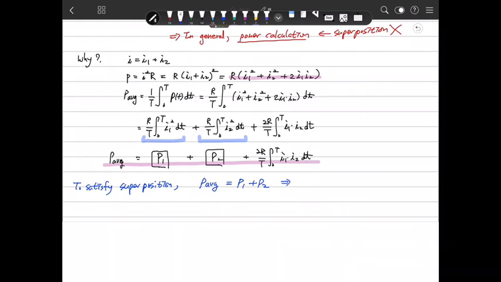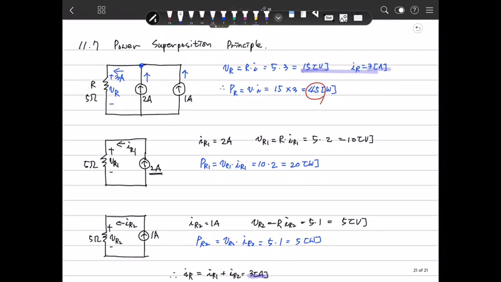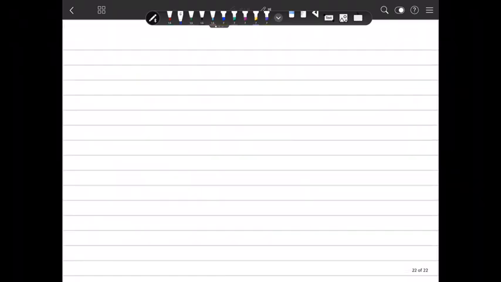That means that term should be 0. If that term is 0, then when you calculate the power, you can use the superpositions. So we want to find out what kind of condition you can apply the superpositions when you calculate the power. So you need to check.